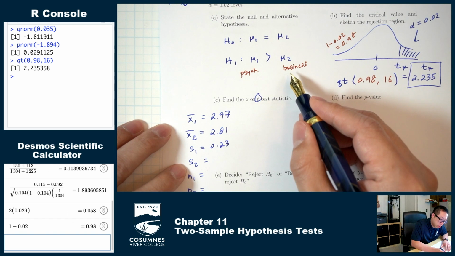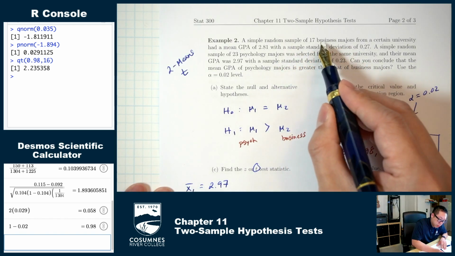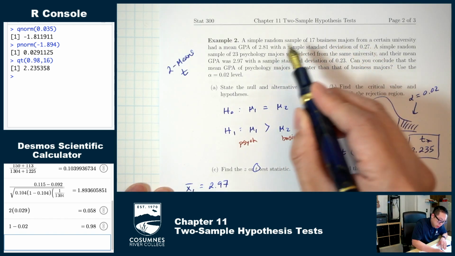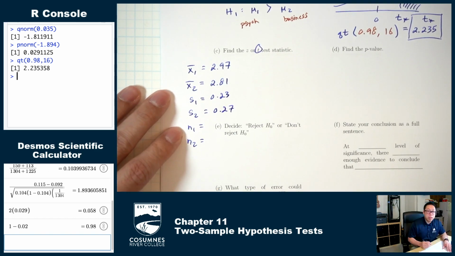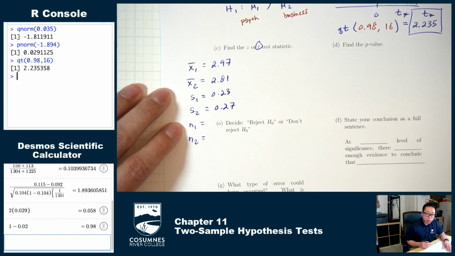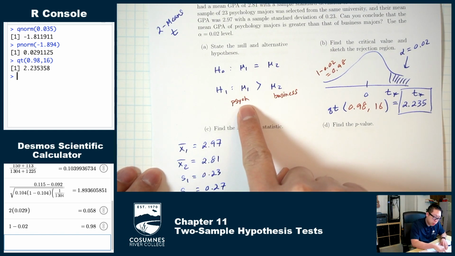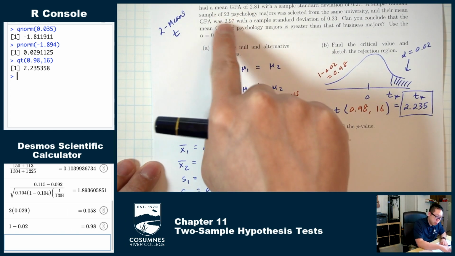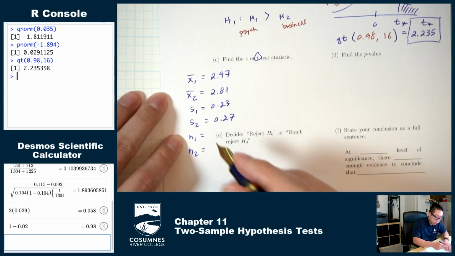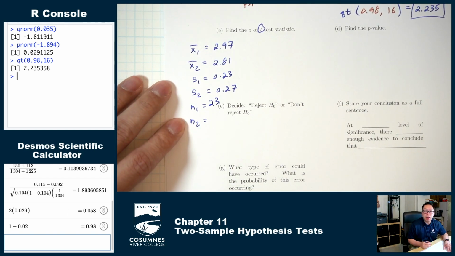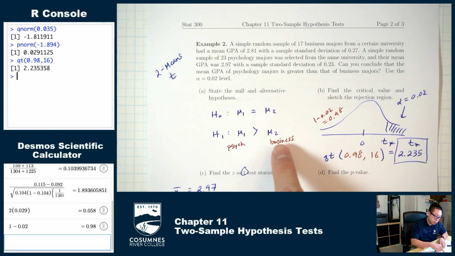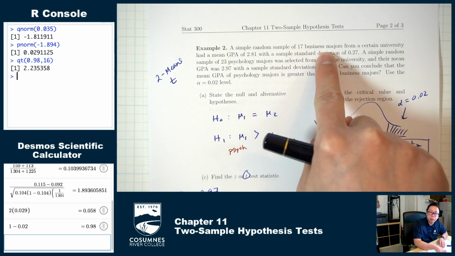So standard deviation for the business majors is 0.27. N1, that's the sample size for my psychology majors. Sample size for psychology is 23. N2, sample size for my business majors. Sample size for business, 17 business majors, 17.